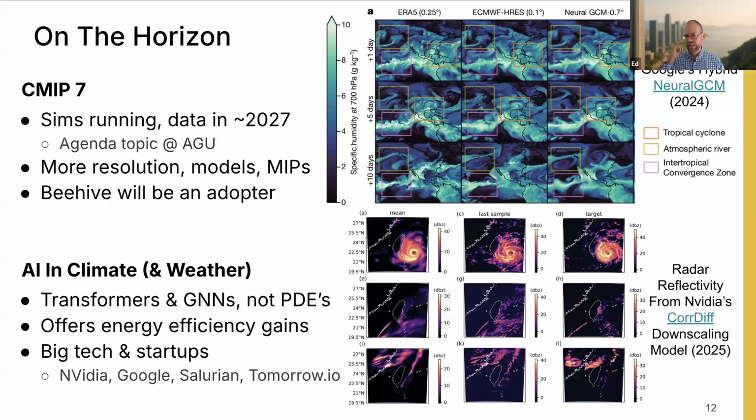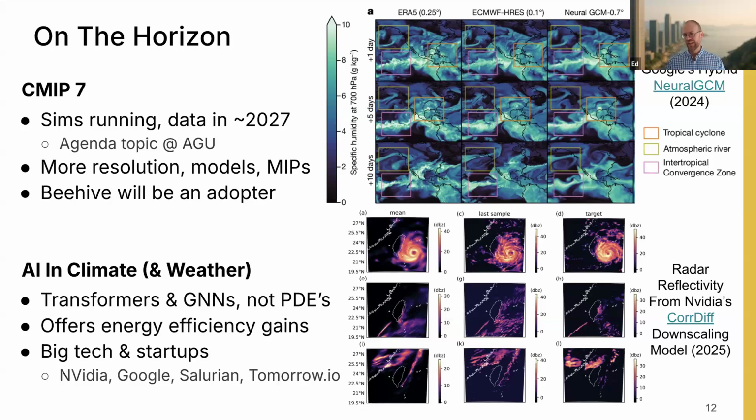So what a radar would look at if it was considering the simulation data for a cyclone event at the top and then for some storm events in the lower two pictures. And the AI can do a pretty reasonable job of filling in this information and projecting it at a much lower energy cost than it would take to run the PDE model at that same resolution. So that's a very interesting development that we'll be seeing more of in the next few years.